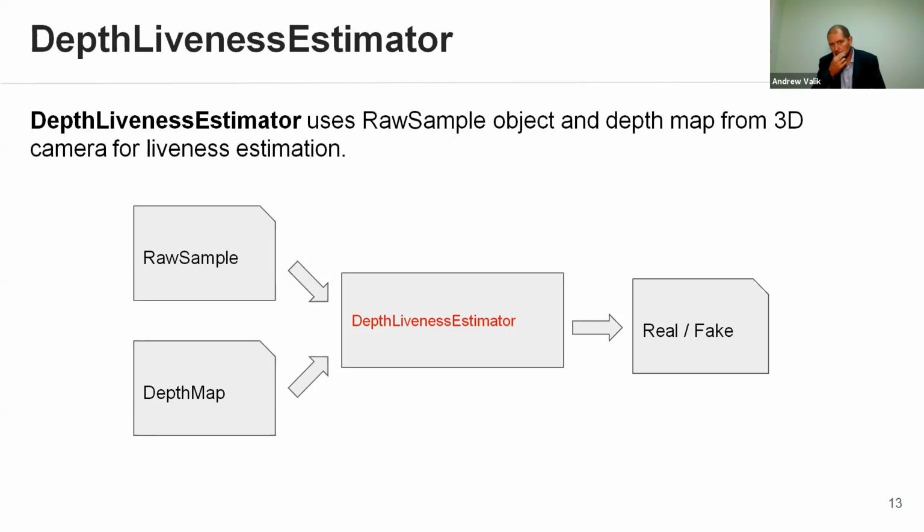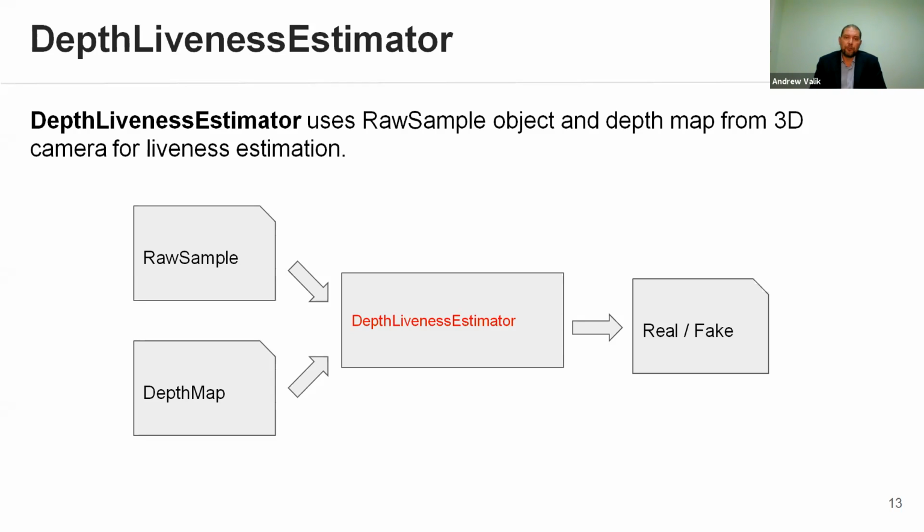One is a frame from a depth sensor, for which you should use a special 3D camera, and the other is a raw sample from the usual RGB stream or usual RGB image, and it will return real or fake face, just an answer.